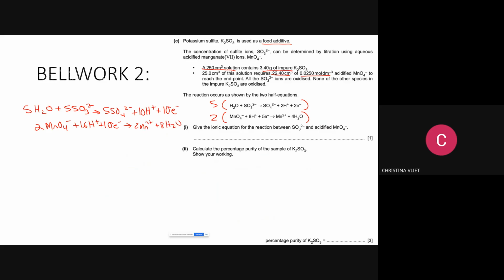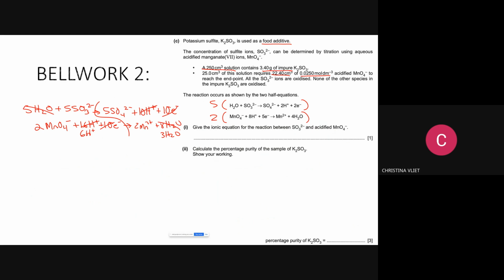H2O. Then we cancel out anything that's the same, right? So the electrons are gone. There's H+ on both sides, so what I would do is take 10 away from here and leave how many on this side? 6. And then on the waters, I've got 5 over here and 8 over here, so 5 and 8, this would become 3. And then we just write everything that's left.